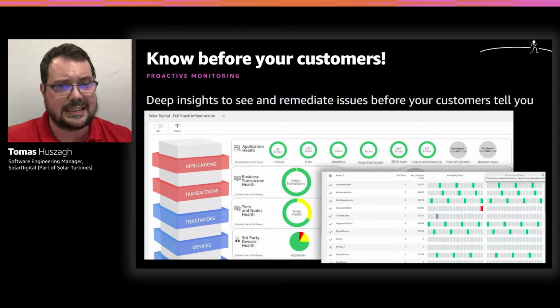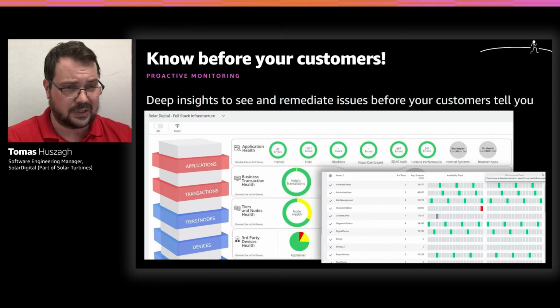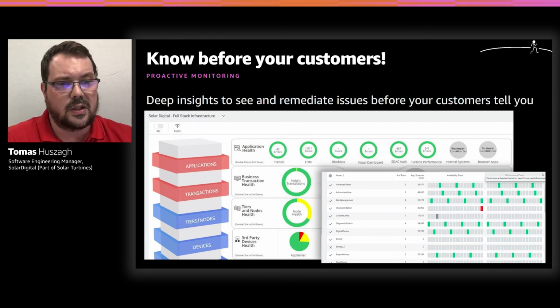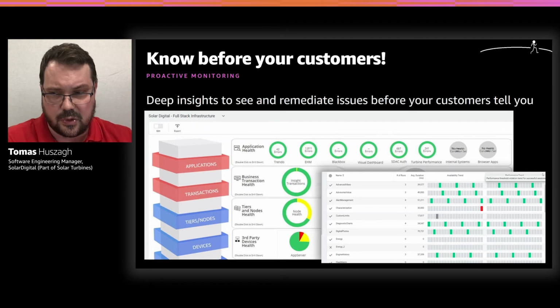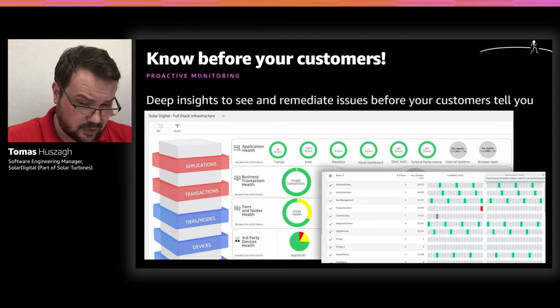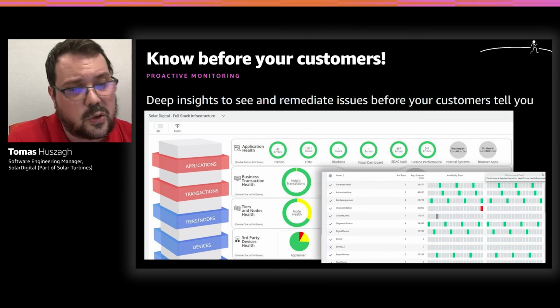Proactive monitoring. This is huge. Know before your customers. I'm going to say it many more times because with AppDynamics, when we implemented it, synthetic scripts and different analytics on top of that one, you really know when your application is on a trend downwards. That means if you're on the verge of really hitting some threshold somewhere, something's going to happen. You will know it before your customer.